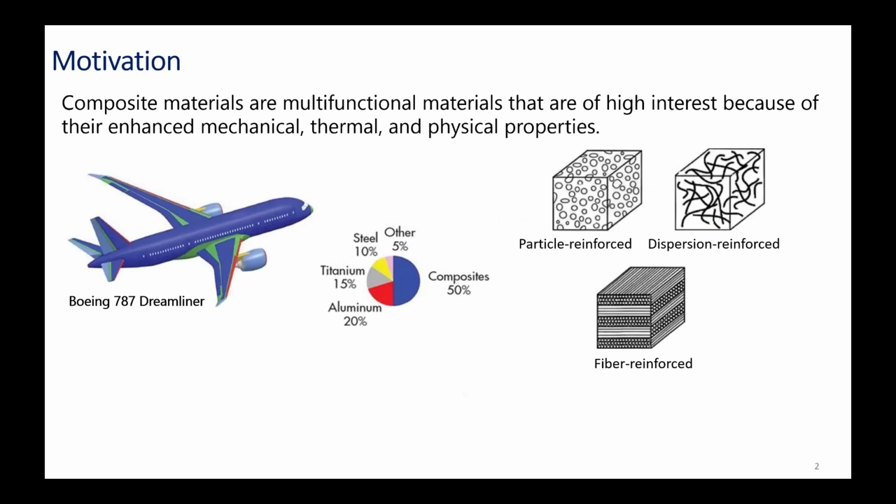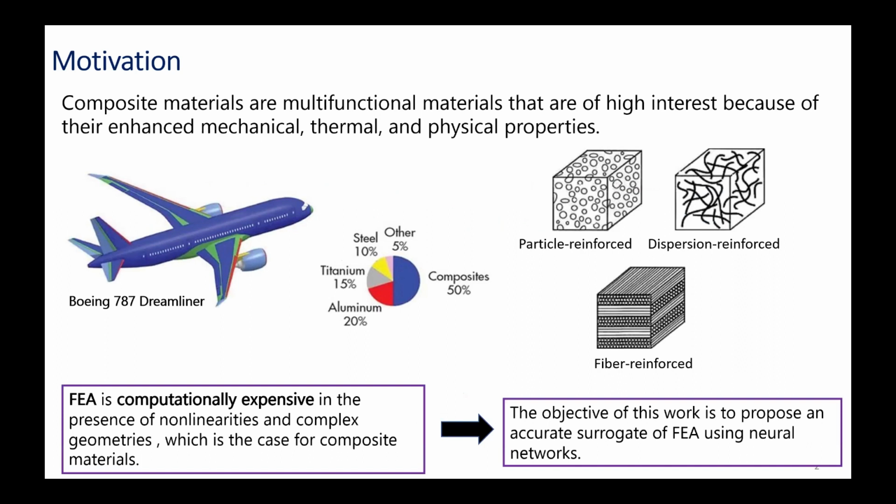So composite materials are multifunctional materials, which means that they are used in a variety of applications, such as civil, aerospace, and mechanical engineering. One of the challenges that faces composite materials is the prediction of stress field under given loading conditions. Finite element analysis is the widely used method for stress analysis.